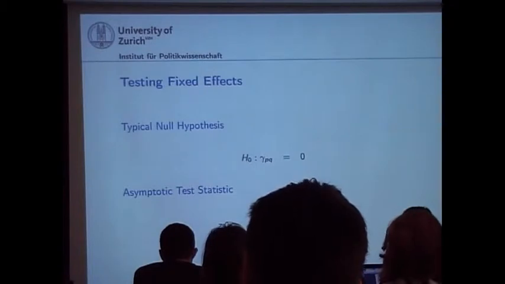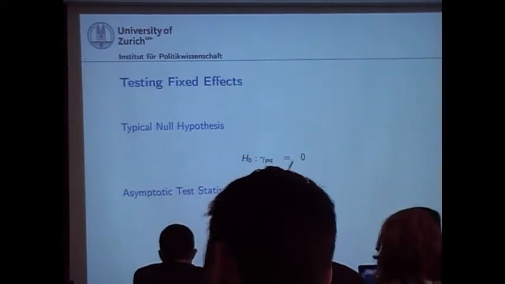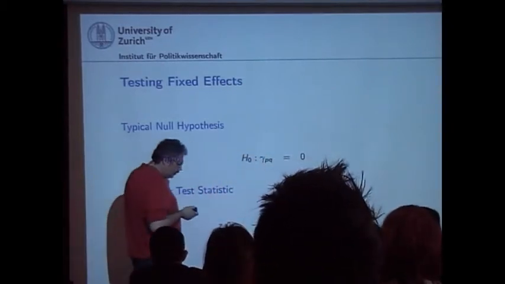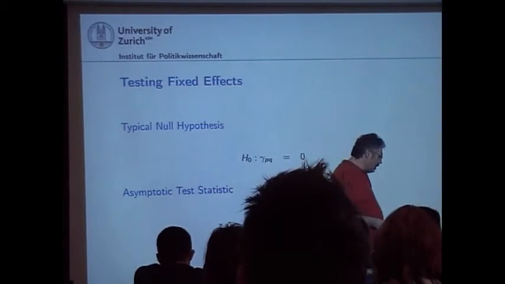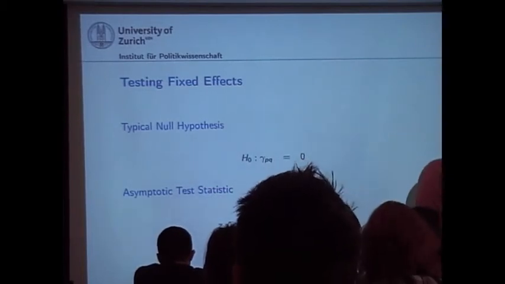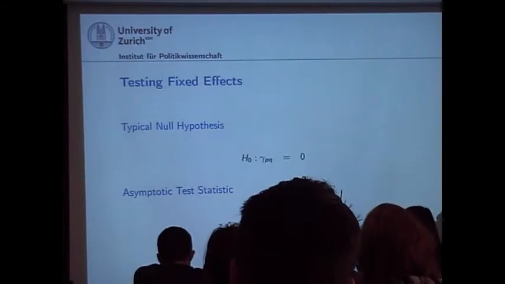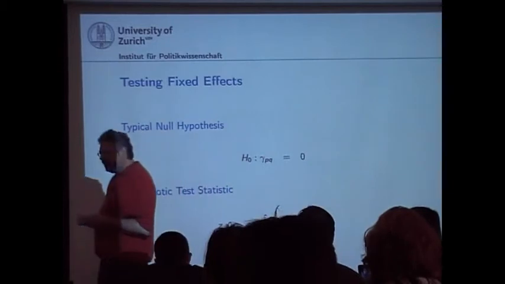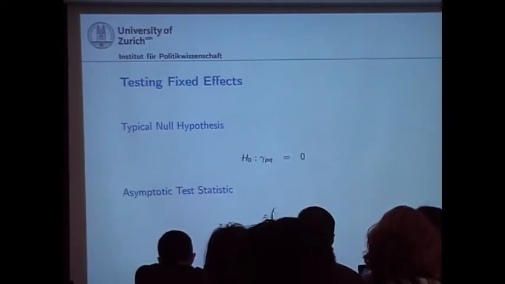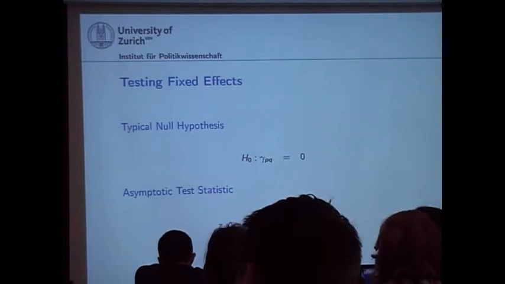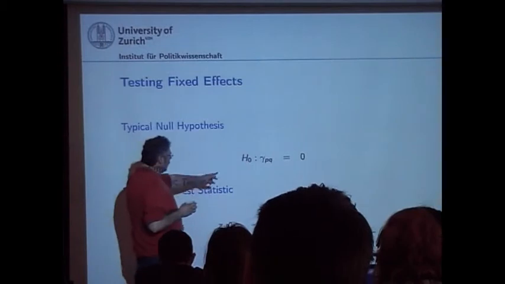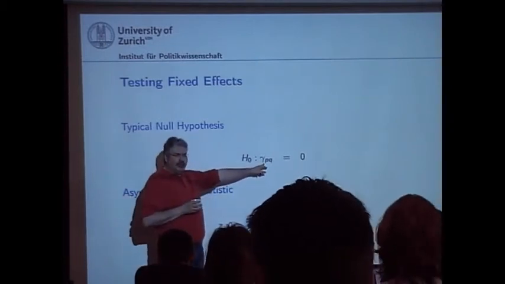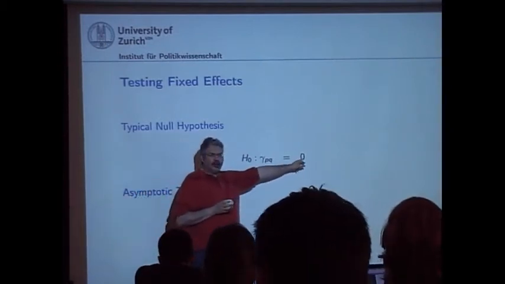Now, hypothesis testing for the fixed effects is very straightforward, because one of the nicer properties of maximum likelihood estimation is that maximum likelihood estimators are asymptotically normally distributed. So we have the sampling distribution of the estimators, and that means we also have the sampling distribution of the test statistics. The typical null hypothesis is that some fixed effect is equal to 0 in the population.